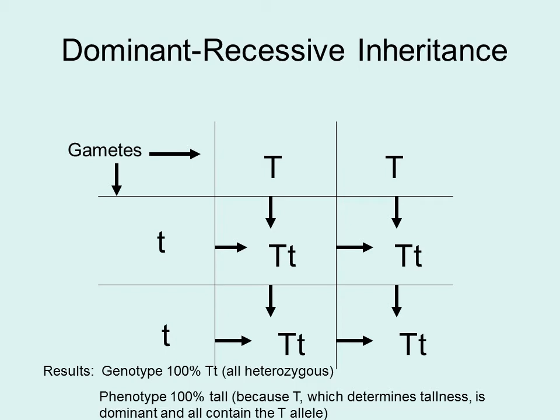And that is heterozygous because one is a big T, one's a little t. They're not identical. The phenotype, what you physically see, because it has a big T and that's tallness, and that's the dominant trait, that means 100%, 4 out of 4 would be tall.